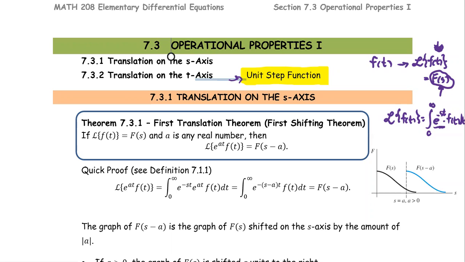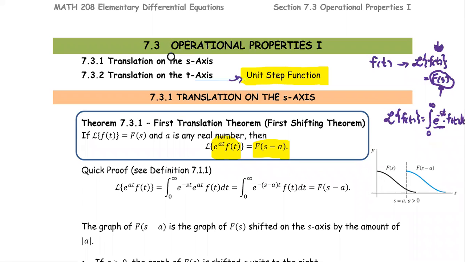We're going to work on the Laplace transform of the function that has e to the power at multiplied by the original function. The Laplace of this product, e to the at times f of t, is the Laplace of f with the translation s to s minus a.